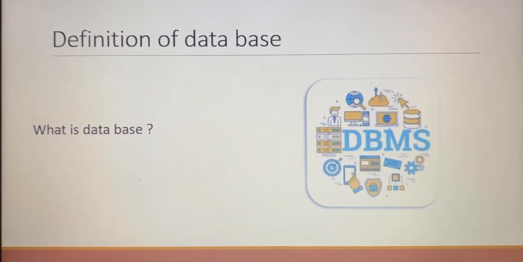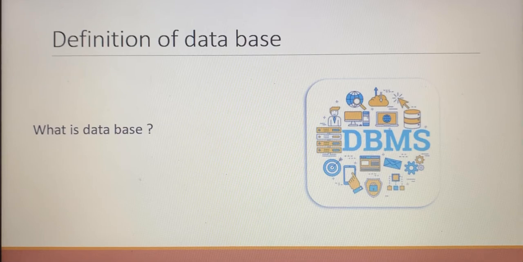Definition of databases. What is a database? We can say it's a software package designed to define, manipulate, retrieve, and manage data in databases. A database management system generally manipulates the data itself: the data format, file names, record structure, and file structure. It also defines rules to validate and manipulate this data.